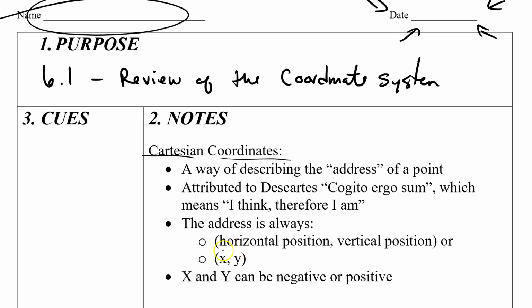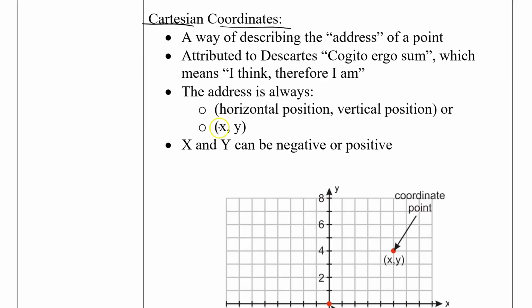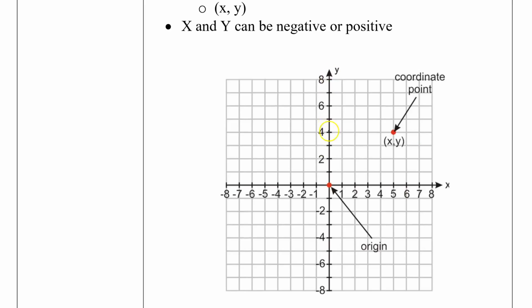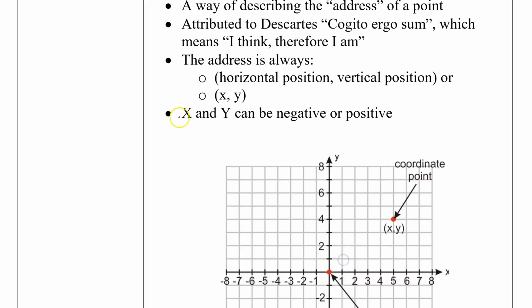So we're talking about Cartesian coordinates. The address is always going to be that horizontal position, comma, the vertical position. Or we're going to get our x-coordinate and our y-coordinate. Now here's the thing. Maybe before we've only been dealing with the first quadrant, but x's and y's can be both negative and positive.